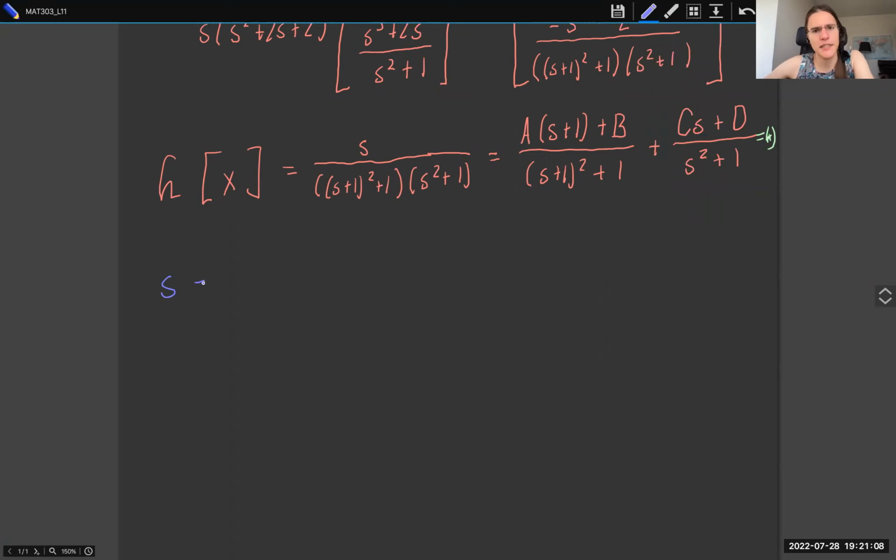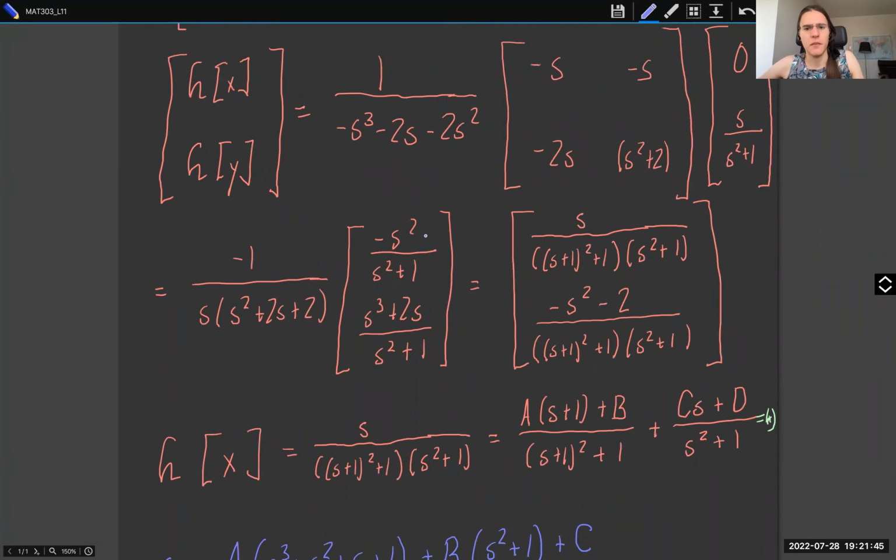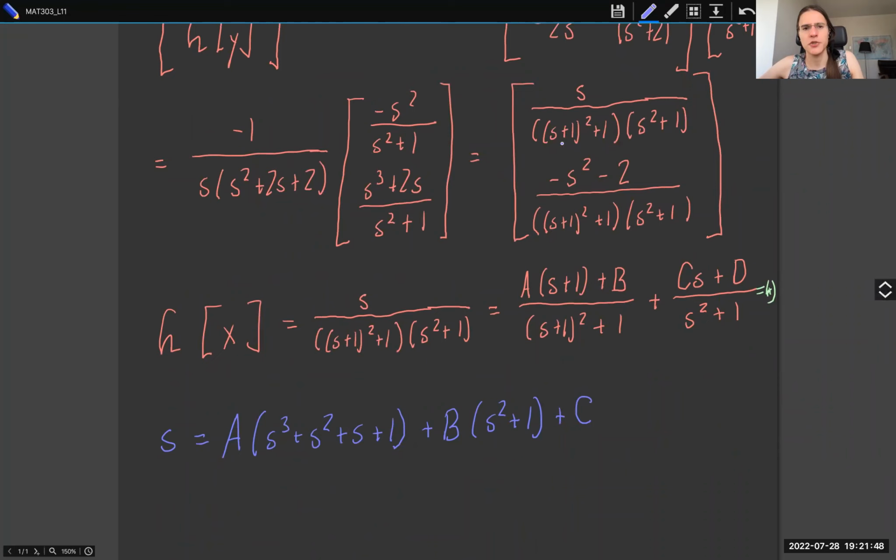So I'll get that S is equal to A times S plus 1 times S squared plus 1, which is S cubed plus S squared plus S plus 1, plus B times S squared plus 1, plus C times this expression here, which is S squared plus 2S plus 2.